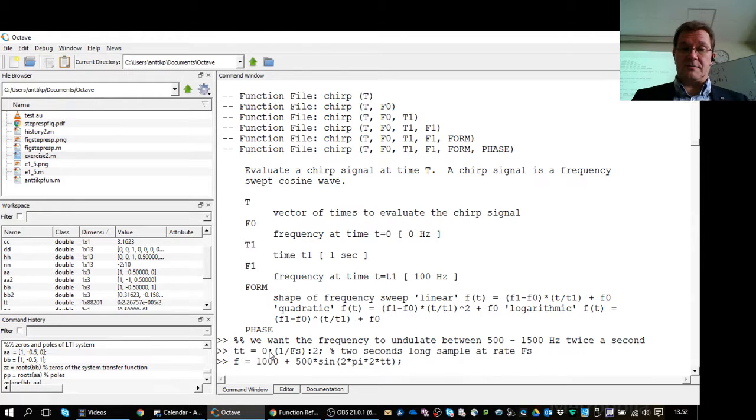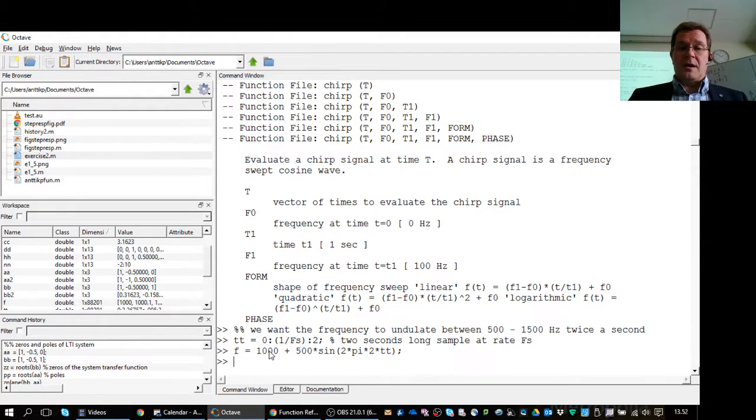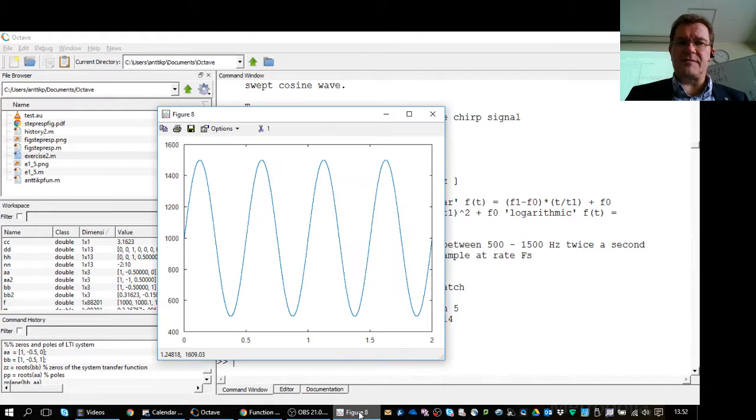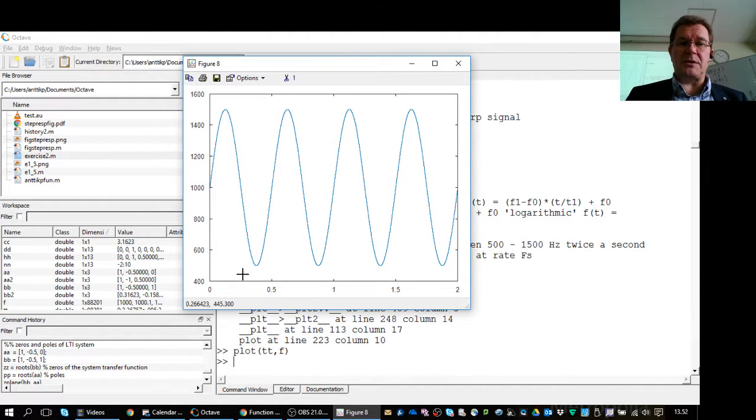And like that. Good. Let's see, does it look like that? tt and f. Okay, it's pretty good. It just has an offset of 400 on this plot. But anyways, it's 1000 hertz, and then it goes both ways, plus 500, minus 500, in 2 cycles per second. Good.